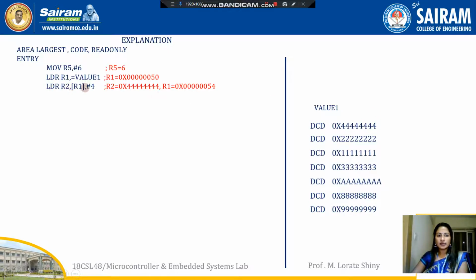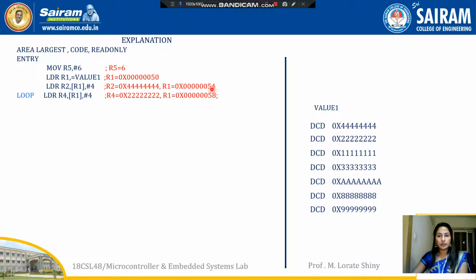See, the addressing mode of this instruction is post-index. So after the data movement we have to update R1 by adding 4. When we add R1 plus 4, we will get 54. This is the address of the next data. The next instruction is LDR R4, [R1]. Now R1 became 54 in the last instruction.